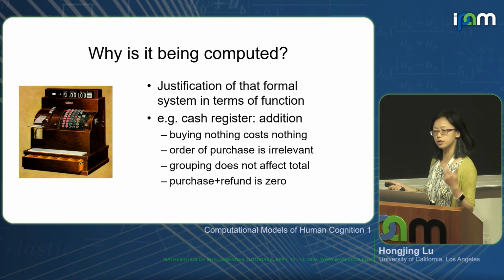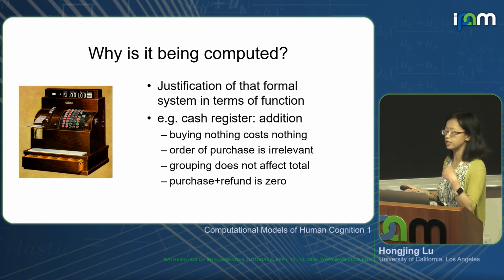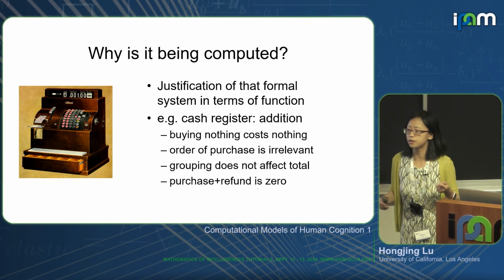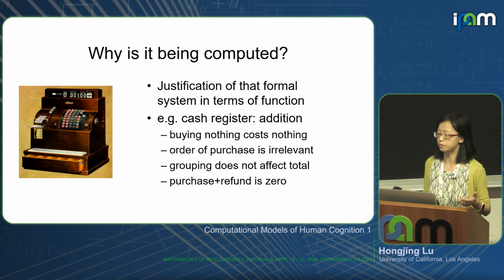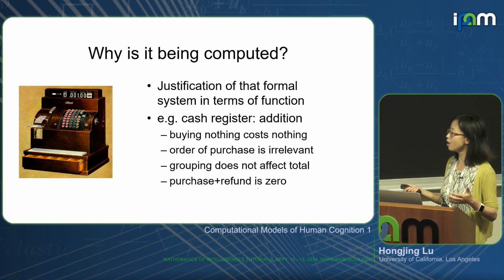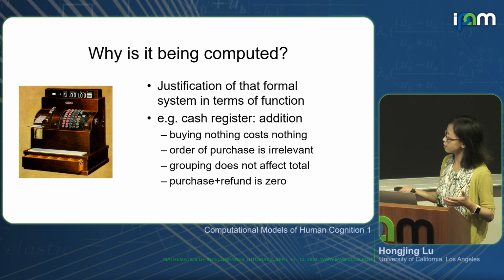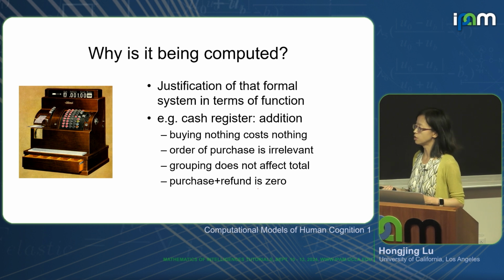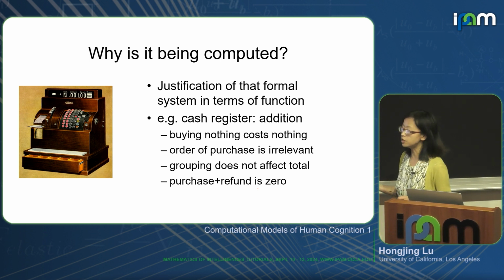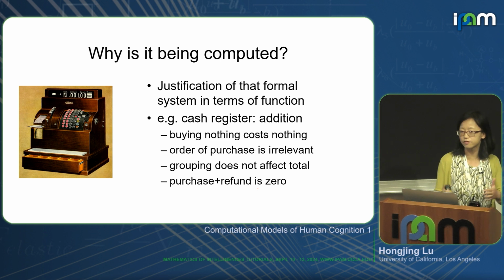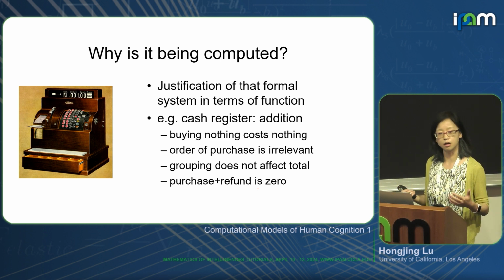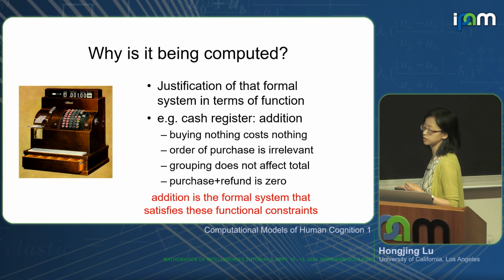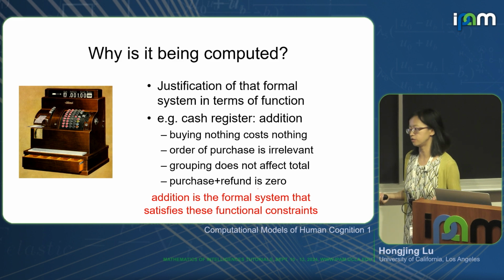The order of putting in the prices doesn't matter, so that's the commutative constraint. The grouping doesn't matter, that's the associative property. And finally, if you purchase something and return something, that should be zero, so you get the inverse property. Multiplication can satisfy some of the constraints, but not all of them. So it turns out addition is the only formal system that can satisfy these functional constraints.